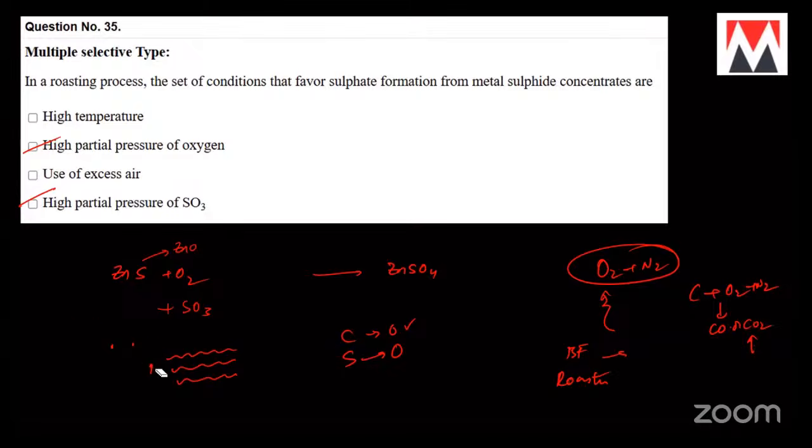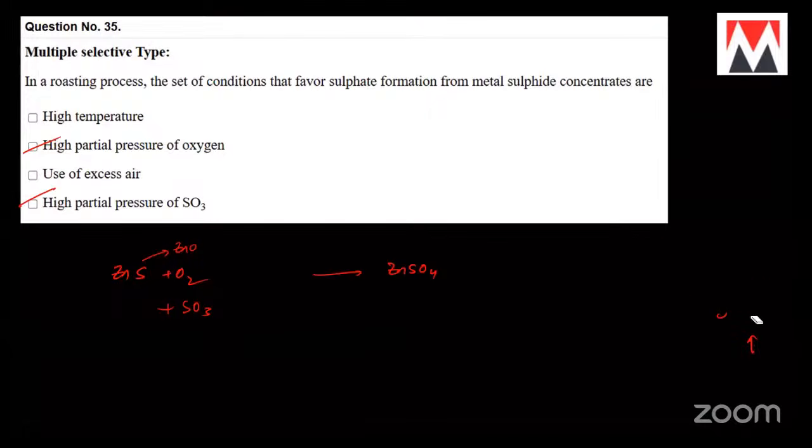Here in the blast furnace also, you'll try to increase the oxygen content. Your blast is also enriched with oxygen sometimes, but it is of higher cost. In the case of sulfur, you'll get SO3. This will be converted into H2SO4, ZnSO4, which you are converting into leaching.